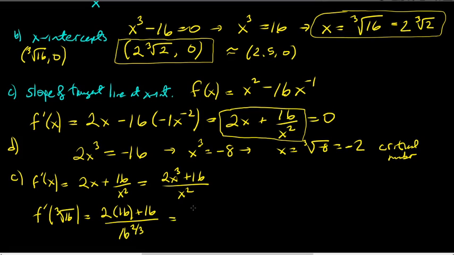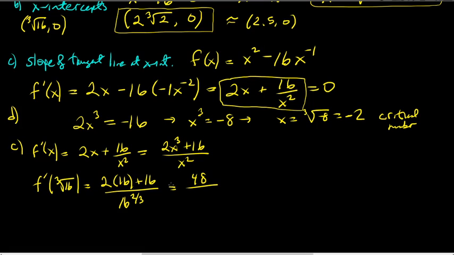So the numerator is, I think, 48. And the denominator, so there's a lot of ways you can clean this up, but you really should simplify this a little bit. You really should know how to simplify this, right? So this is just going to be 2 to the 2/3 times 8 to the 2/3, and 8 to the 2/3 is 4.